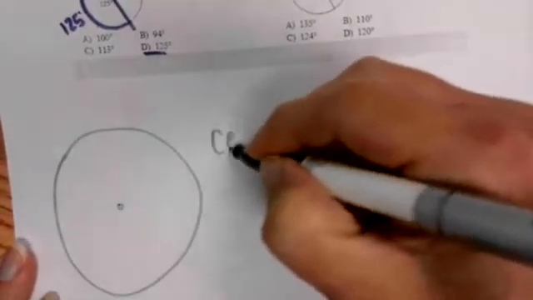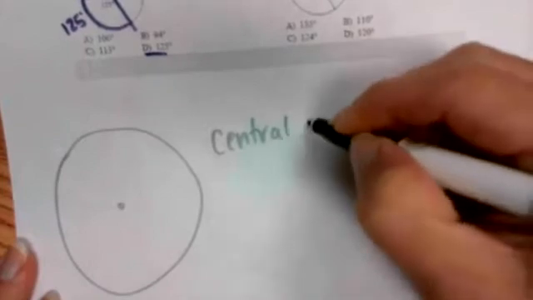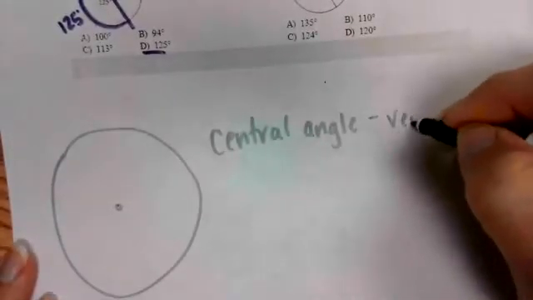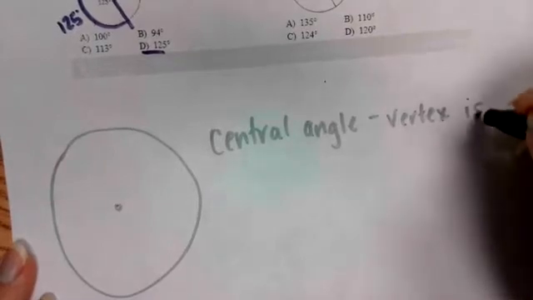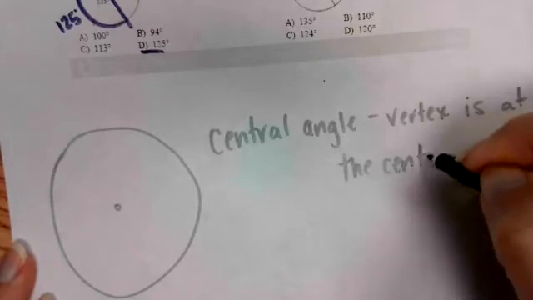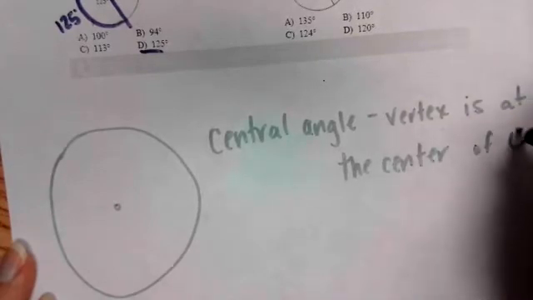We can have a central angle, where the vertex is at the center of a circle.